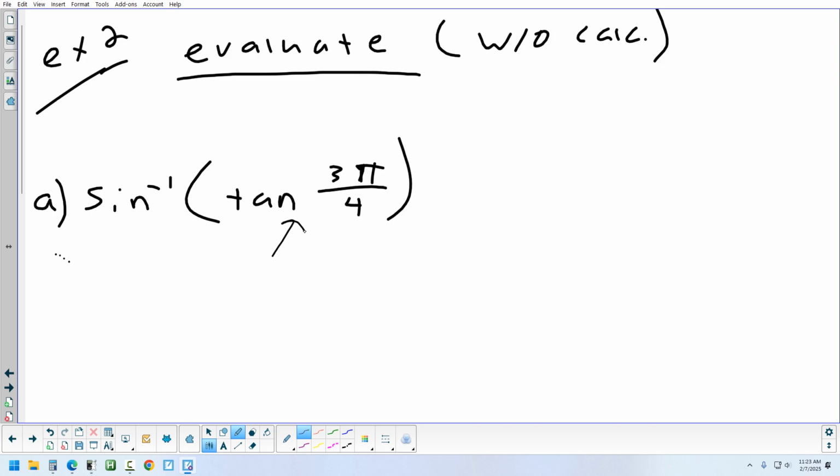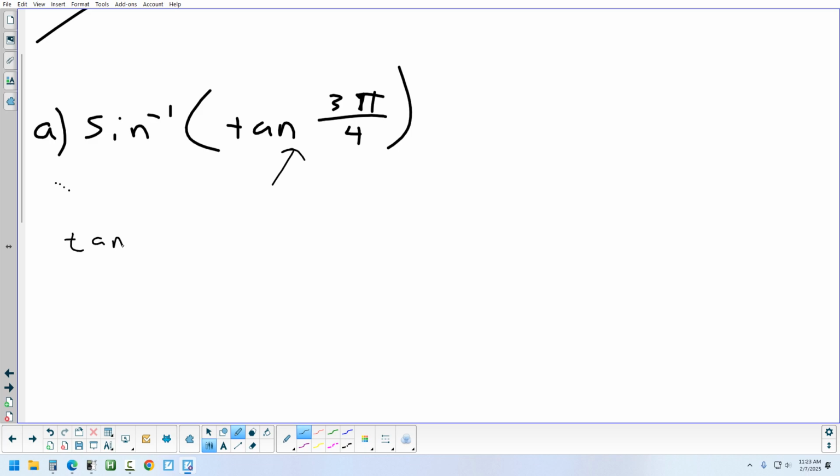Let's forget about inverse sine for now, and let's copy that down. I think one step that's going to help us would be to change radians to degrees. Just make it a little easier for us to think about.